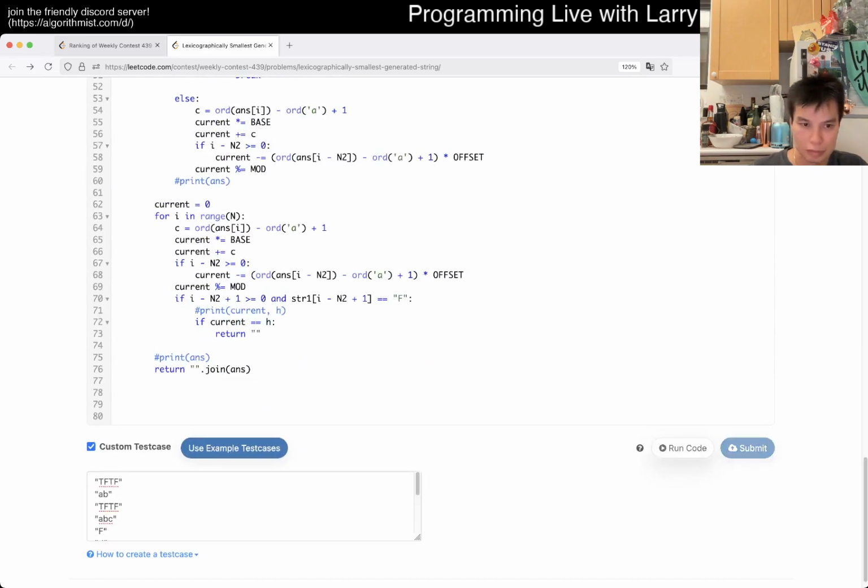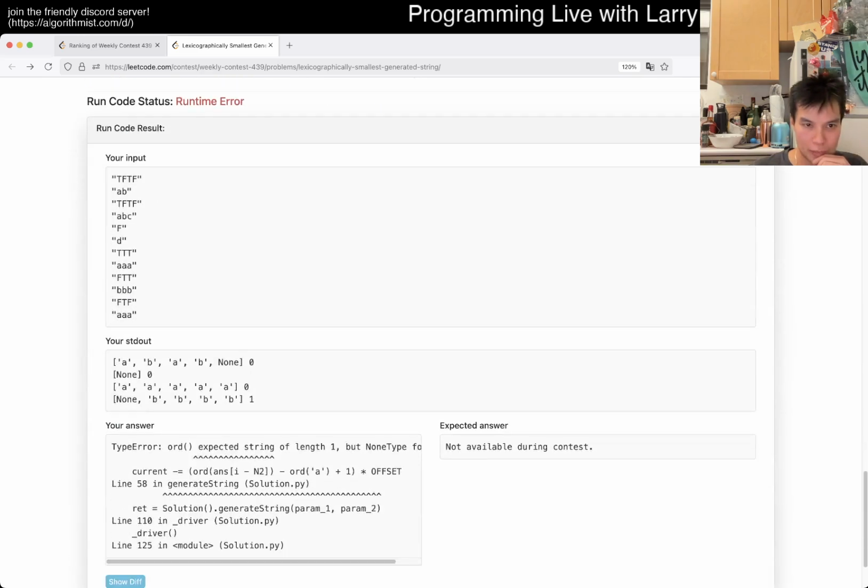And then the prefix is just greedy, right?